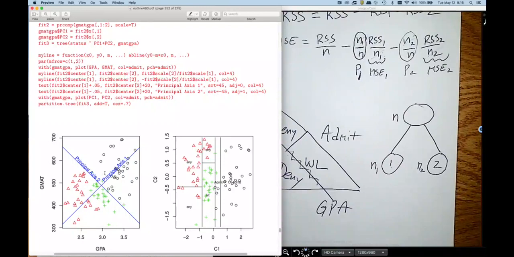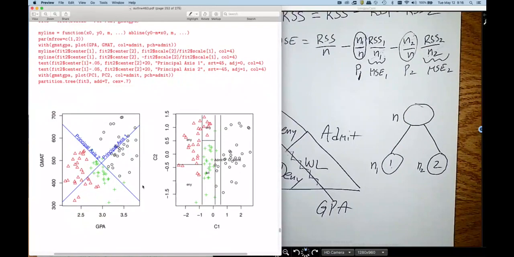These new coordinates with respect to the blue axes are called the principal component scores, or principal components. So this is going to be the first principal component. This is the second principal component. I called it C1 and C2 for the coordinates.